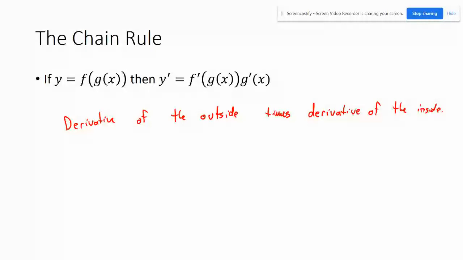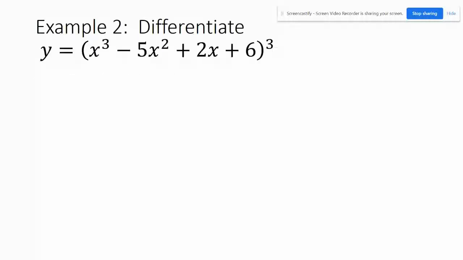All right. So just applying the same idea to this function over here, we have something cubed, and there's something on the inside. The inside function is x cubed minus 5x squared plus 2x plus 6. The outside function is this whole thing cubed. So our derivative is going to be, we take the derivative of the outside.